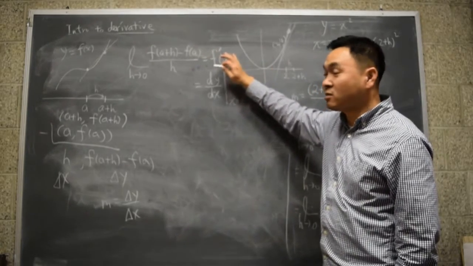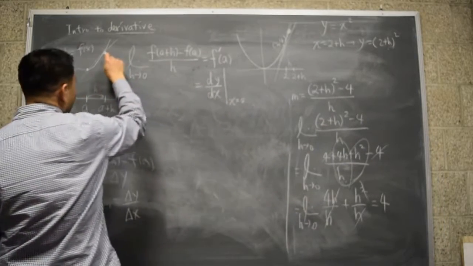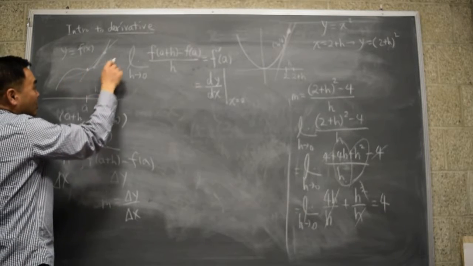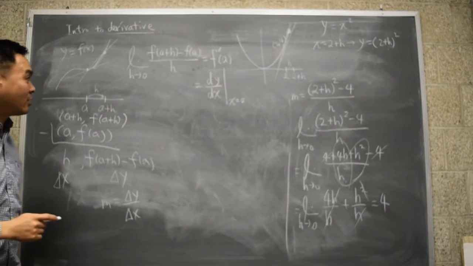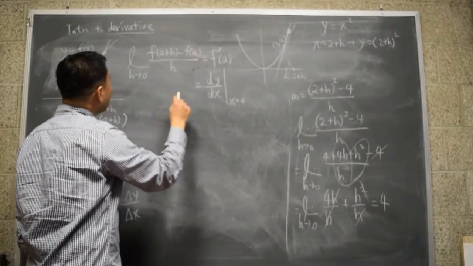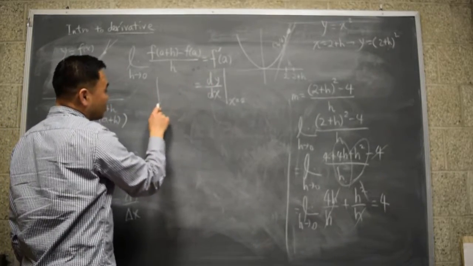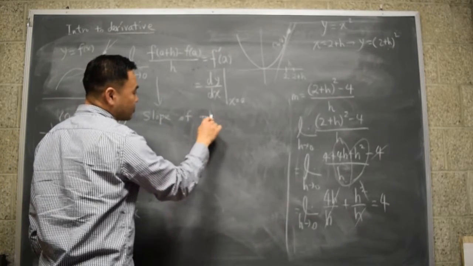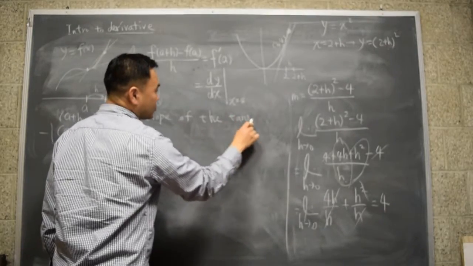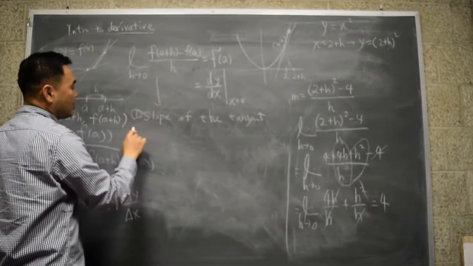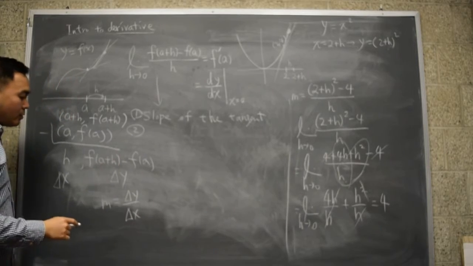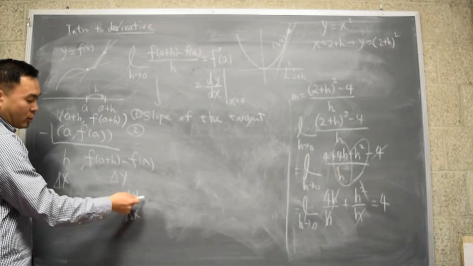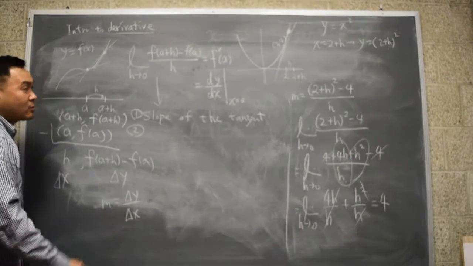What's the meaning? Its meaning is that if h gets sent to 0, then gradually it goes down to 0 so that you get the slope of the tangent line. Okay? So the meaning of the derivative is, this has the meaning of slope of the tangent. Now the second meaning is, if you look at it like this, you're trying to measure how much y changes as you change x, right?